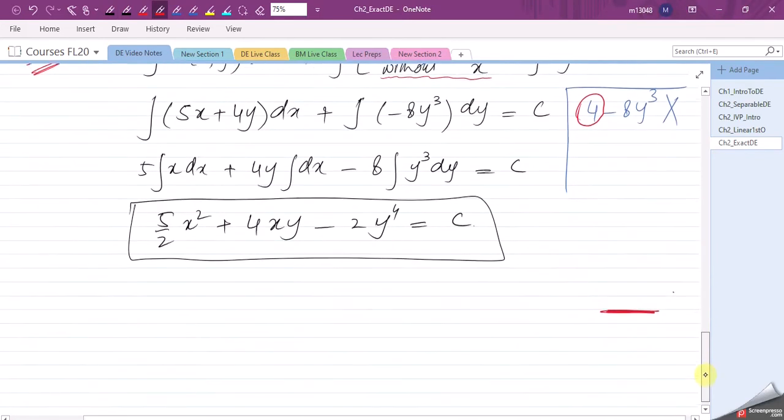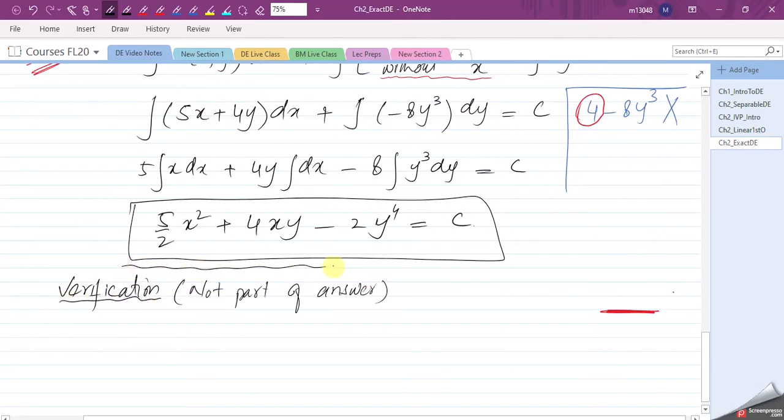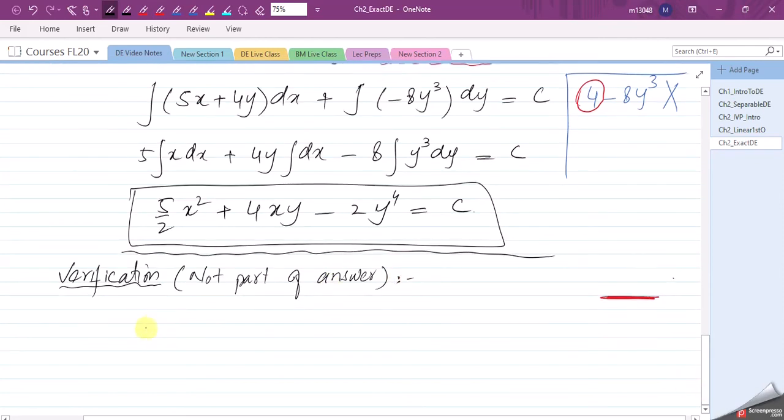How do we know that this is the solution of our differential equation? So, verification. This verification is not part of the solution. The question is finished here. We are just doing it to understand what we have achieved.